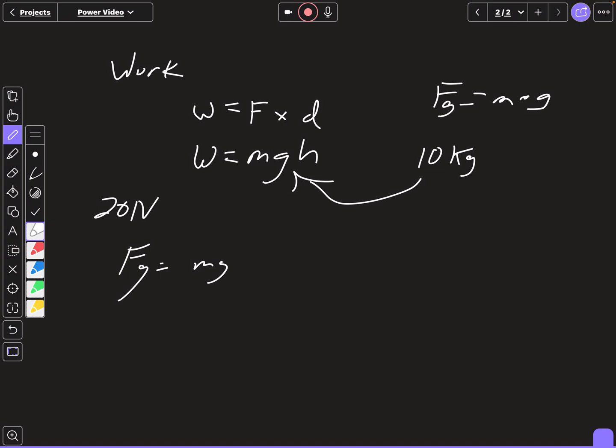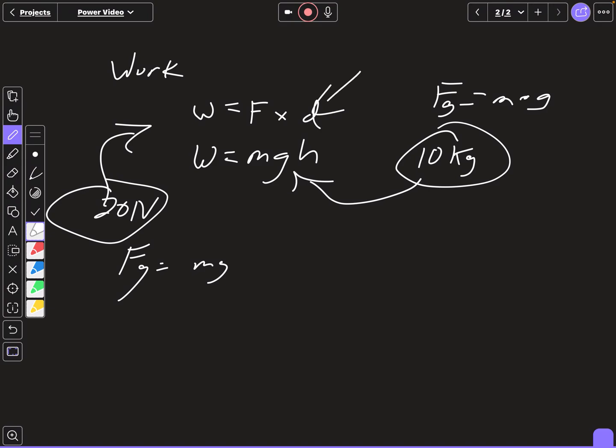So you have to be very careful. If you're given a mass in kilograms, use mgh. If you're given a weight in newtons, you'd want to use this F times D, distance, which is the same thing. Usually we use this one if we're talking about something moving horizontally, a force over a distance, and then we use mgh if something's moving vertically. However, those equations can be used interchangeably, just depends on what you're given.